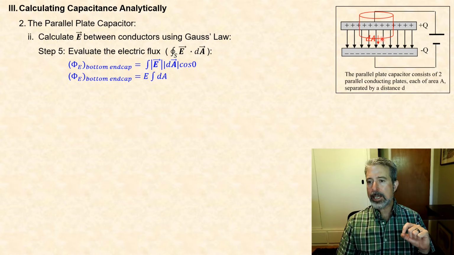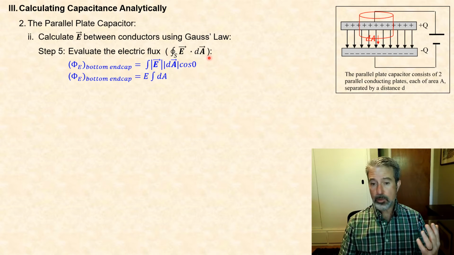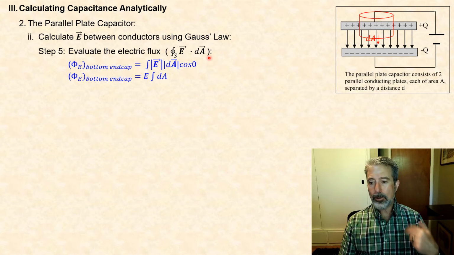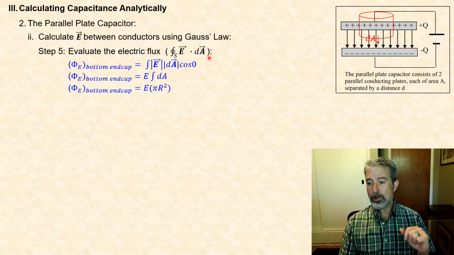So at that bottom end cap, at all points there, the electric field has the same value, in which case it can be taken outside of the integral, so that we simply sum up all the infinitesimal area elements to get the total area of that piece of our cylinder, which, given a cross-sectional radius r, has an area pi r squared. So that is for the bottom end cap.